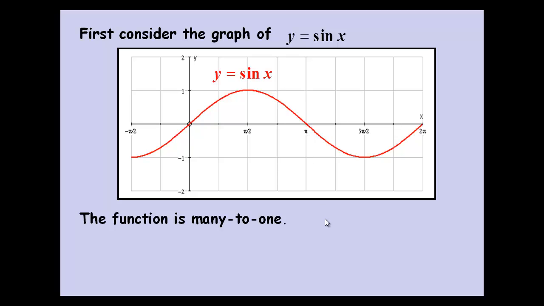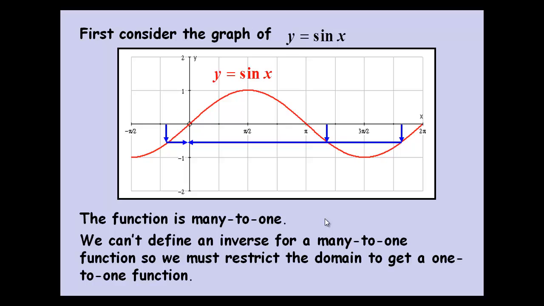So it's many-to-one. And there again we can see how different x values are giving us the same y value. With an inverse we can't do this. A many-to-one function gives us a one-to-many inverse, which we're not allowed. One-to-many isn't a function, it fails the vertical line test.